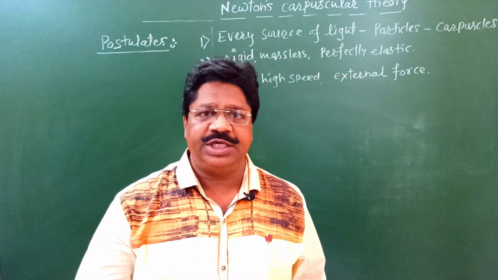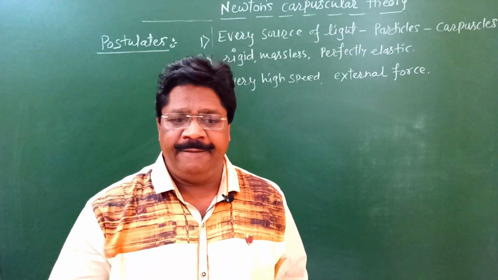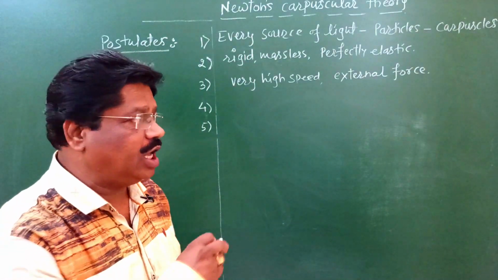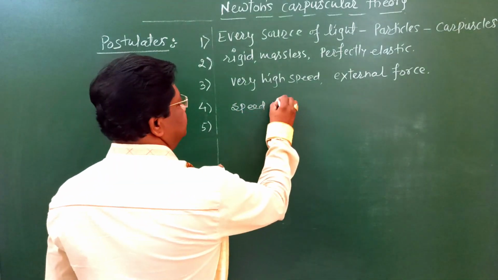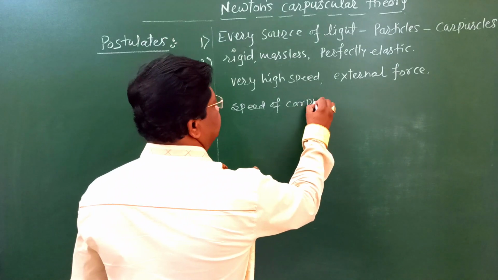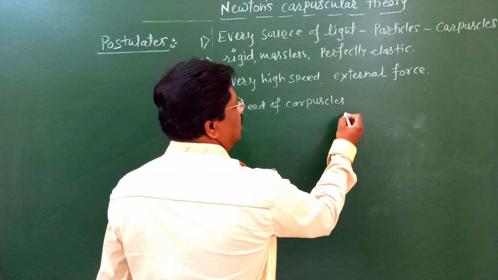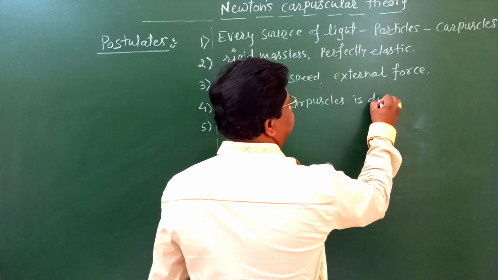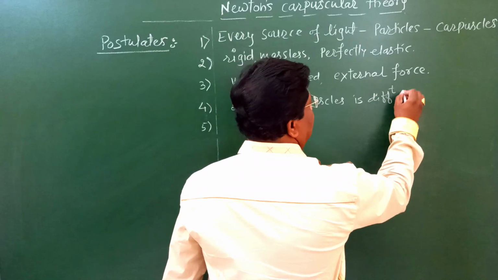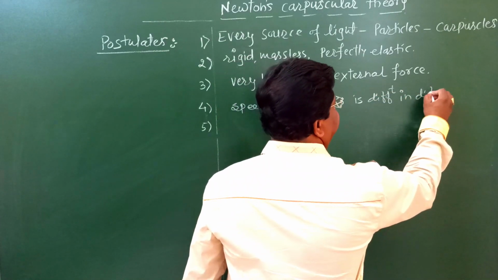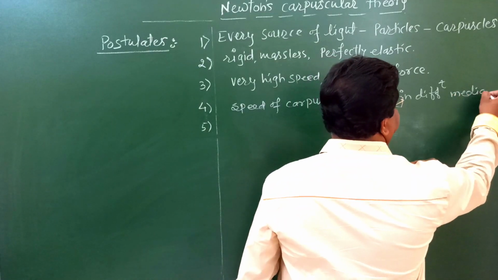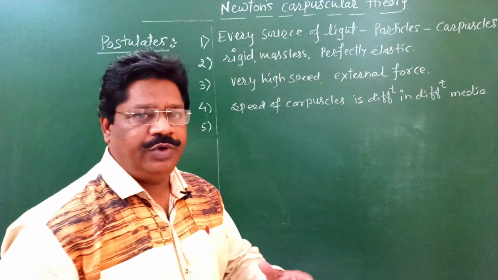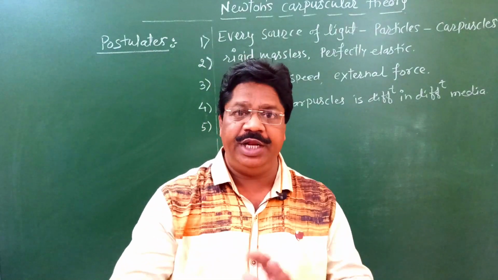When these particles travel through a given medium, the speed of these corpuscles is different in different media. The velocity of light changes as the medium changes.